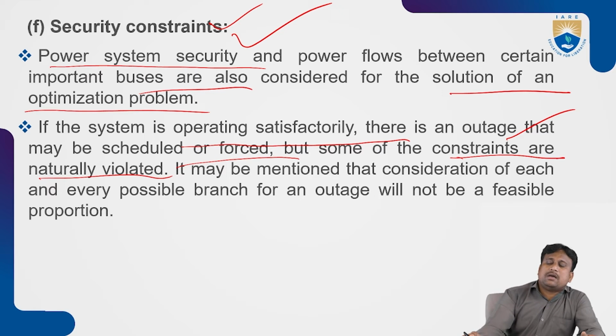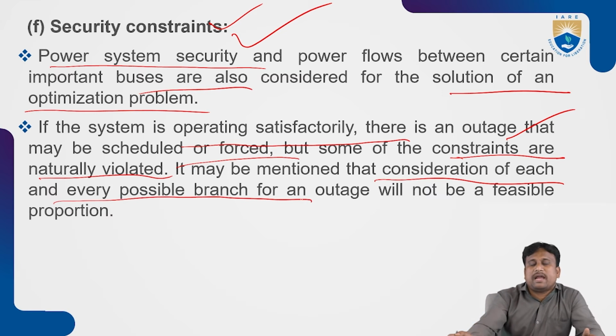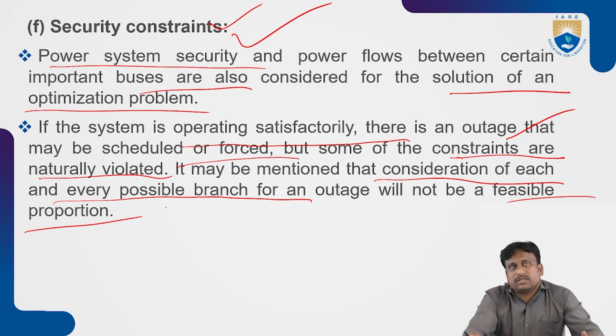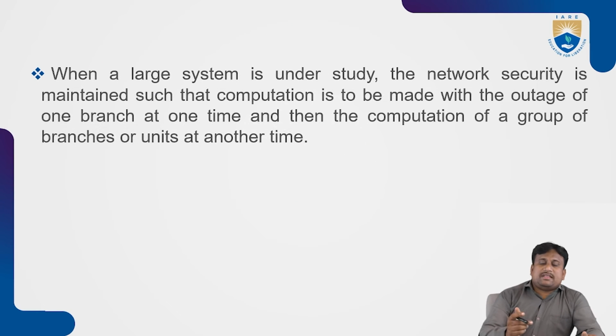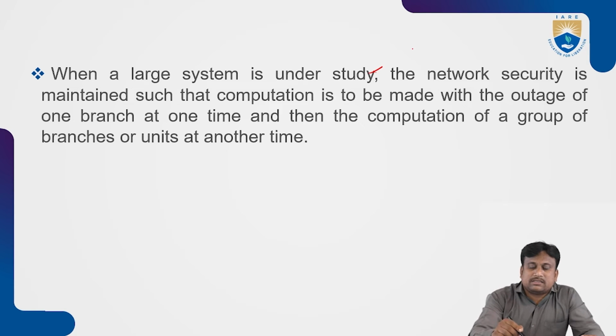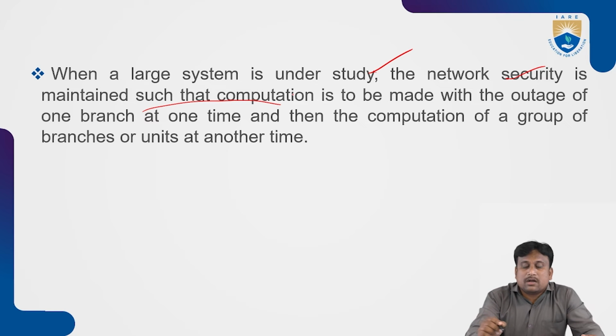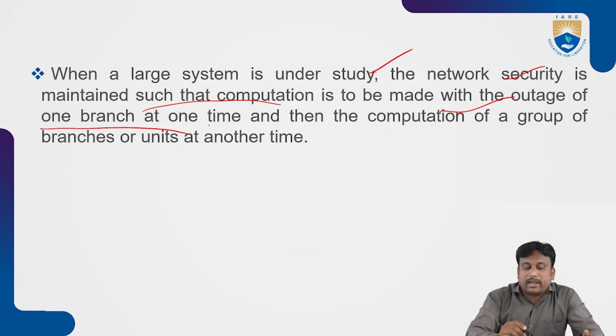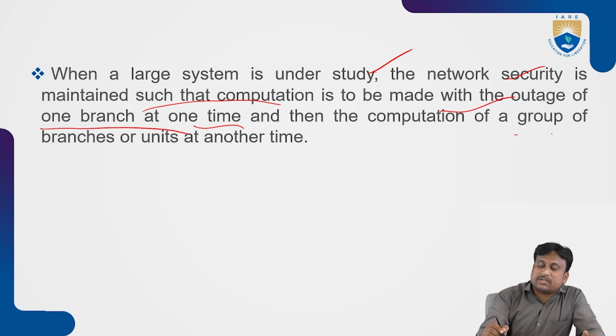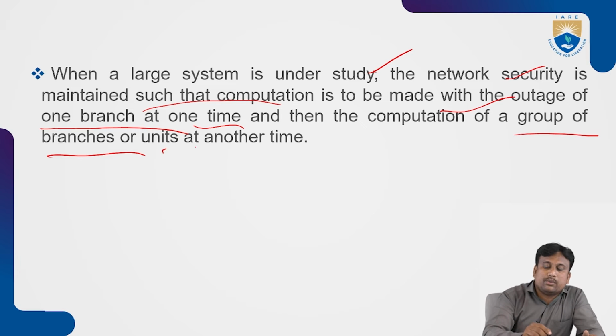This is because, as we mentioned earlier, consideration of each and every possible branch outage is not practical. That's why security constraints are considered mostly. When there is a large system under study, network security is maintained such that computation is made with the outage of one branch at one time, and then computation for a group of branches or units at another time.